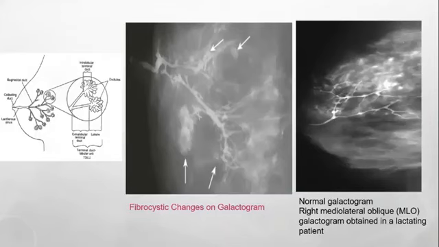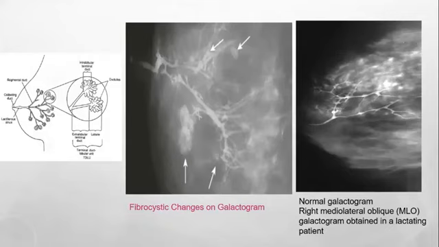Going further, the ductogram here demonstrates these small rounded or oval areas of contrast flushing into the terminal duct lobular units, but they are small, tiny, not enlarged, just due to the flush of contrast under pressure.